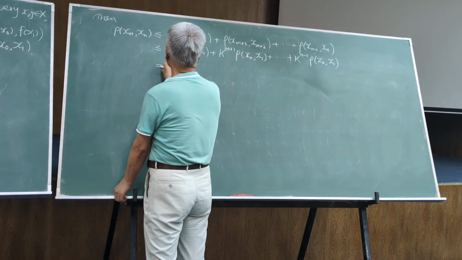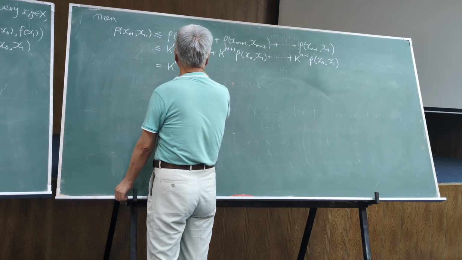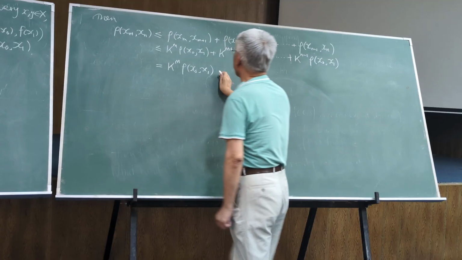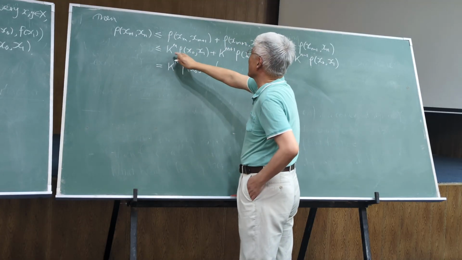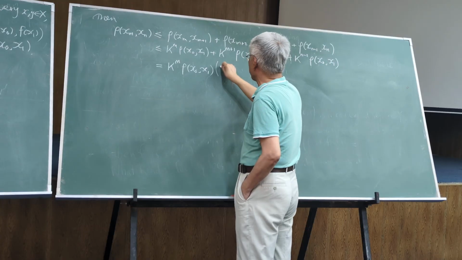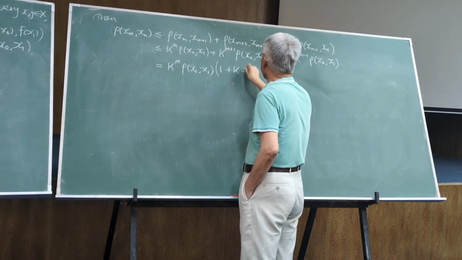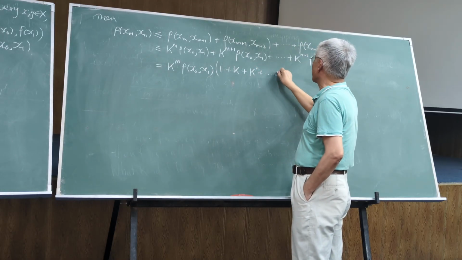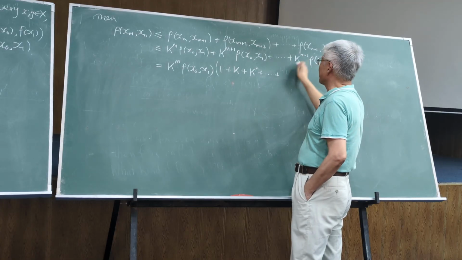So this is equal to k to the m factored out, rho of x0, x1 factored out. And then let me write it not in summation form. Then we have this is 1, and only one of this is remaining, and there is a square remaining here. Geometric series. Yes, and then there is this minus.